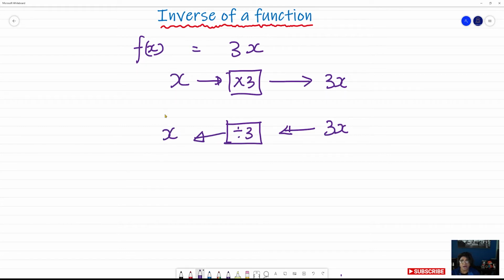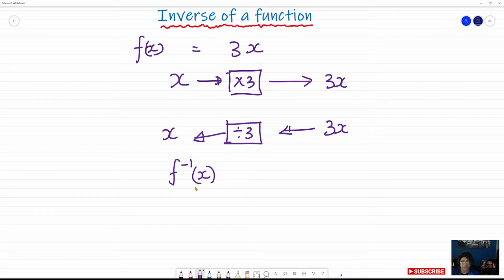So this is how you understand the inverse of a function, the opposite process of getting the original amount or variable. So the way we write the inverse of a function is this way. If we have function of x defined something like this, the inverse of a function is written as f minus 1 x.